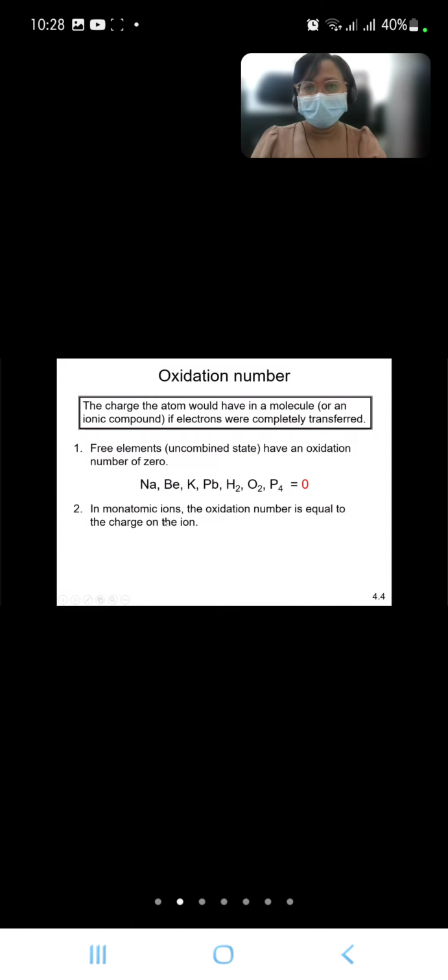Okay. For monatomic ions, the oxidation number is equal to the charge on the ion. Okay? Whatever their charge is as an ion, that is also their oxidation number. For example, Li plus, lithium ion. The charge of lithium ion is +1 here. That charge of the ion is also the oxidation number of lithium.